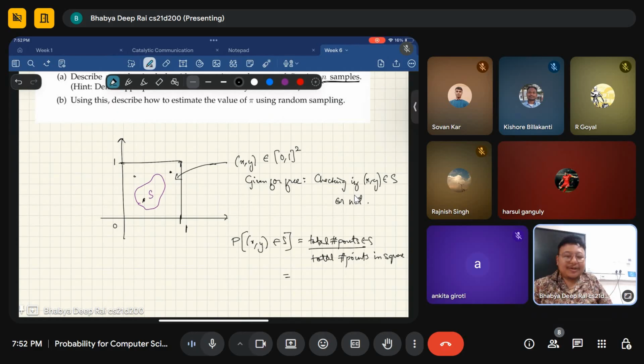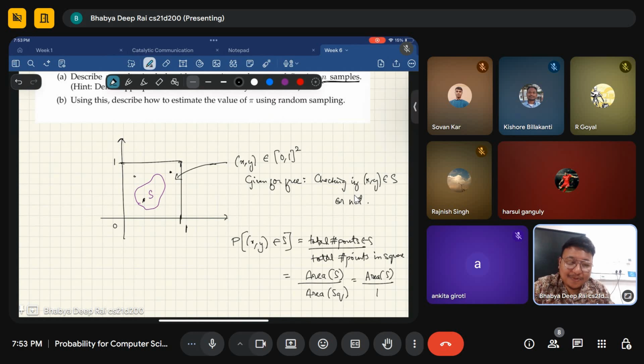But what is the total number of points in S? It is the area of S, divided by the total number of points in the square, which is the area of the square. So that is area of S divided by area of square, which is 1, because it's a unit square, right?